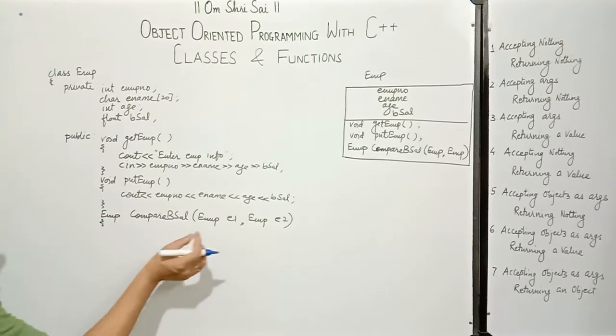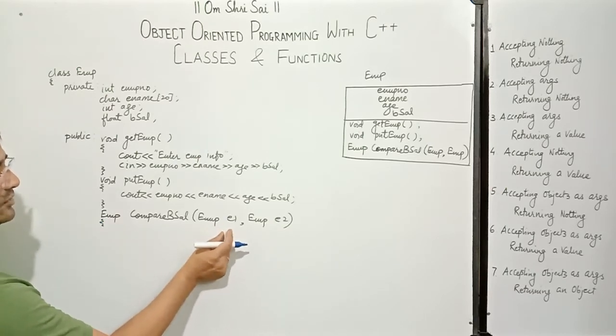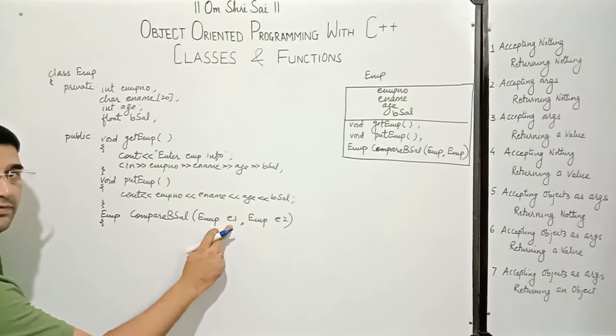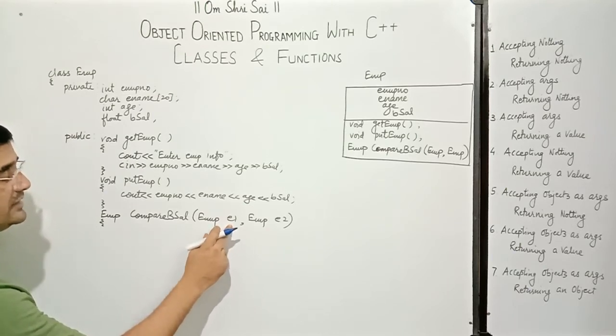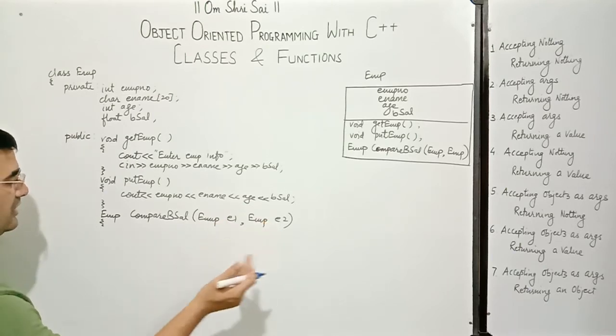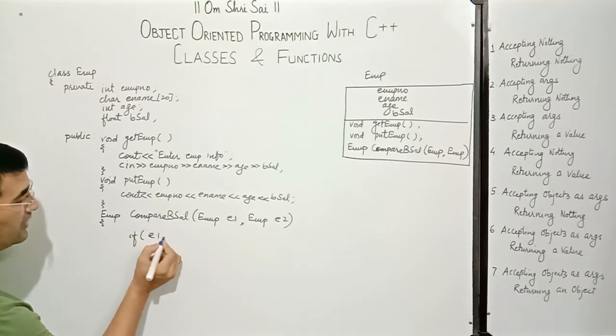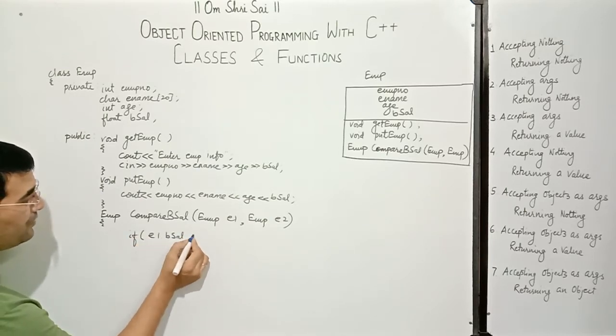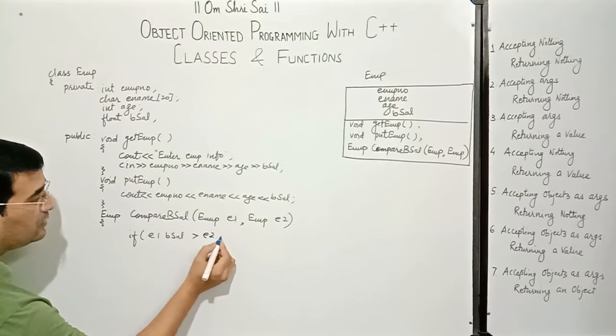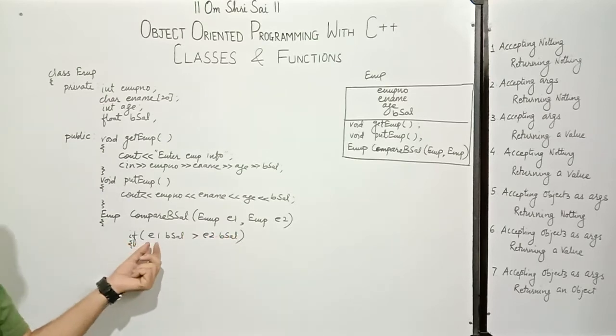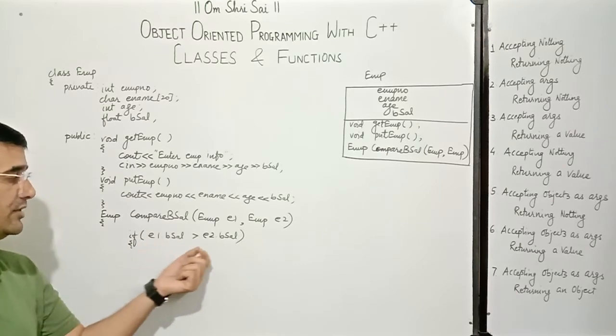Now the basic salary of the first EMP object can be obtained using E1.bcell, and the second using E2.bcell. We will compare that if E1.bcell is greater than E2.bcell, means in this case the E1 object has the higher salary as compared to the second.